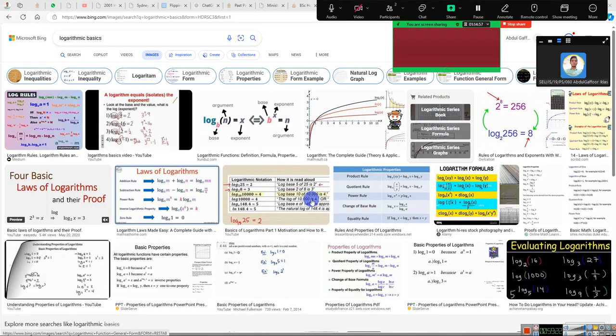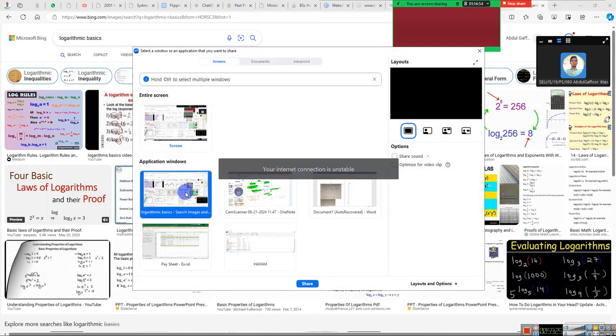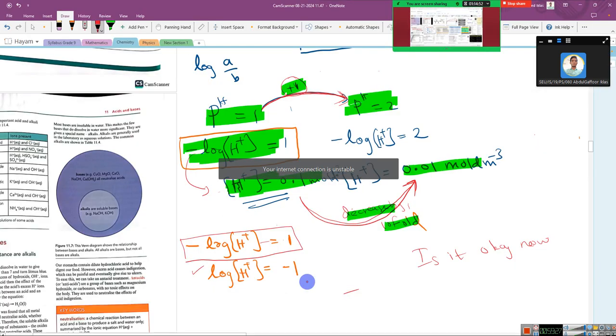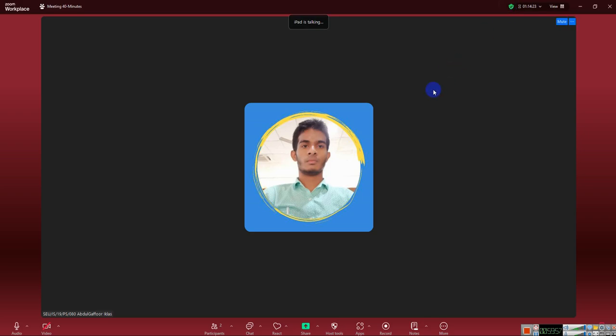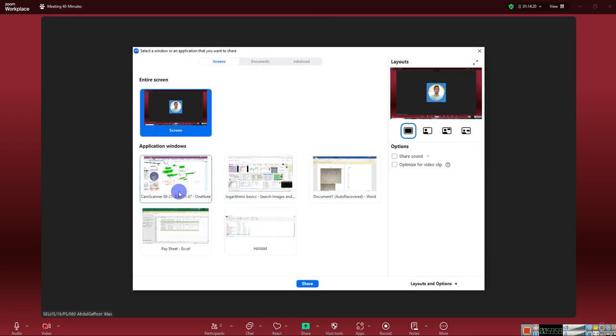Oh no, not this one. I was supposed to share this. Okay, so I have just multiplied this equation by minus 1 and I obtained this. Are you clear with this? I can't see your screen. No, I have shared it. Wait a bit. Yeah, it's sharing now.